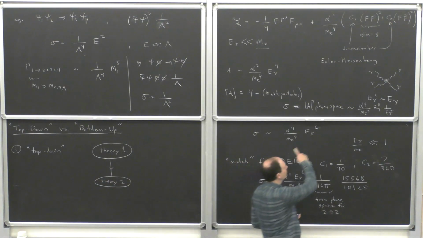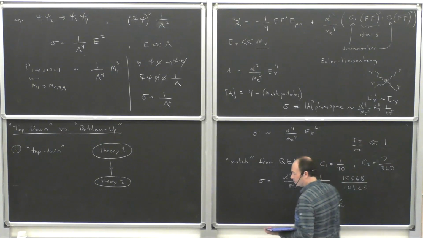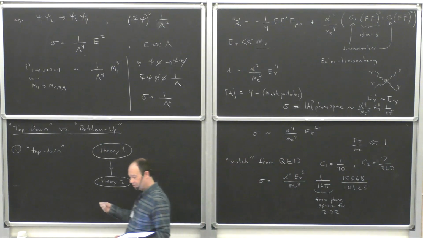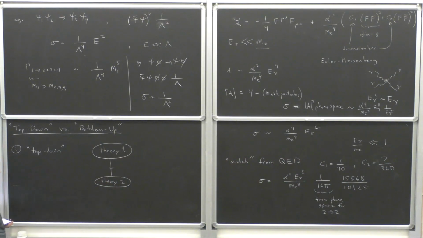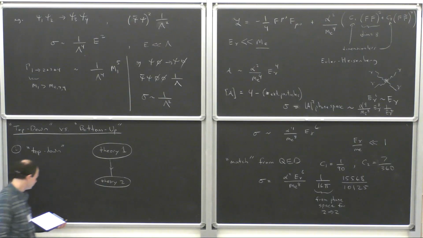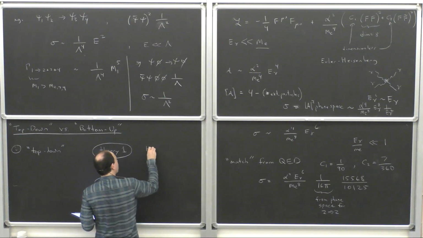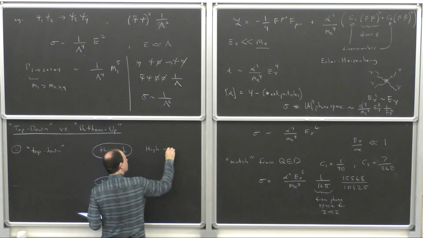If someone told me the coefficients, doing the calculation from this effective theory is much quicker than doing the full box integral. And actually doing the box integral in the limit that the photon energies are very small is a lot easier than doing it exactly with exact energy over mass of the electron. So we like theory 2 because it's giving a simpler way of calculating. So in this case, the high energy theory is understood.